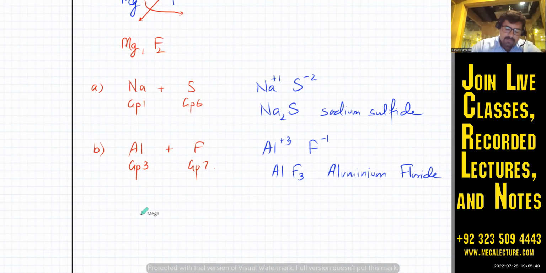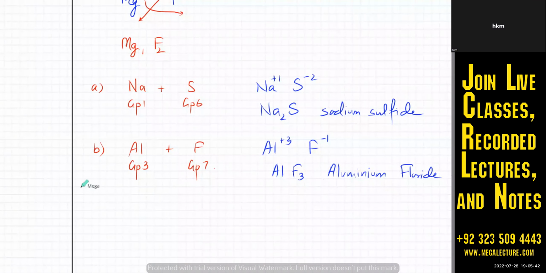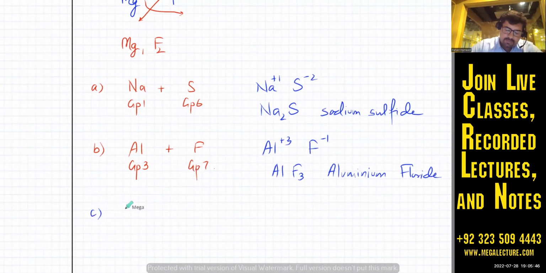Let's say you've got calcium plus N. What's the formula of this compound? Calcium is group 2 and N is group 5.